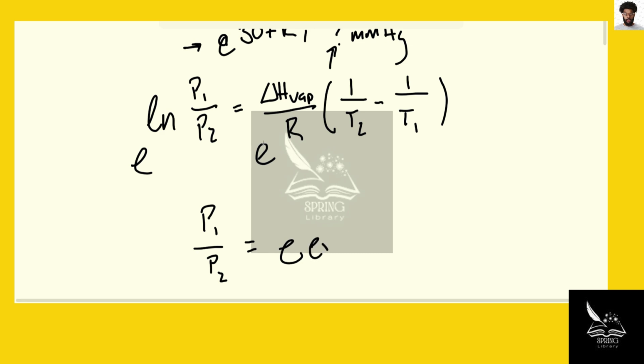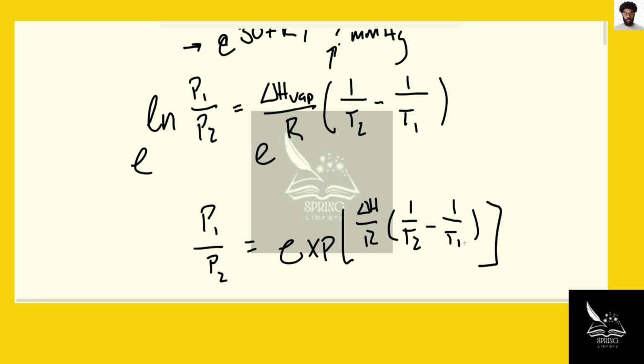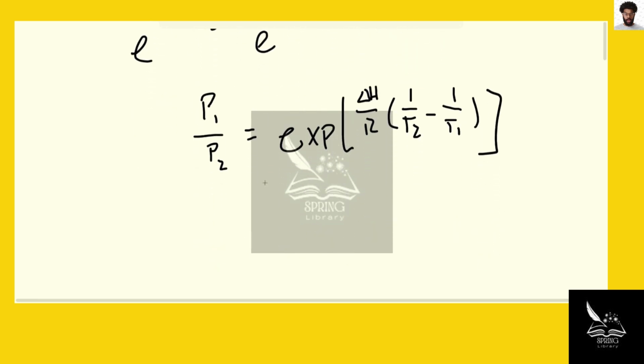It's exp, and then you just put it in brackets: delta H over R, 1 over T2 minus 1 over T1. That's equivalent to e raised to everything in the brackets.